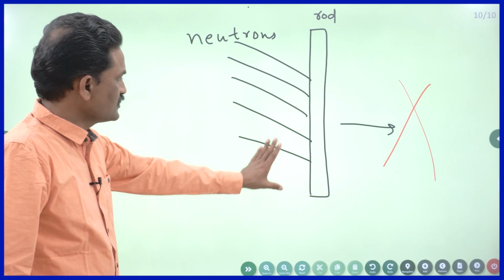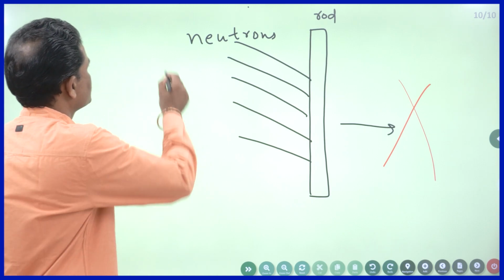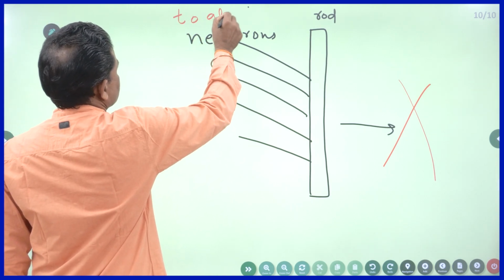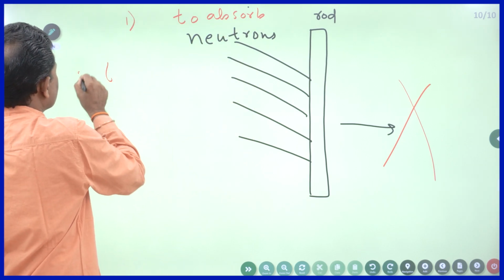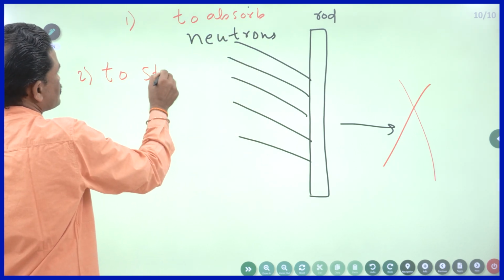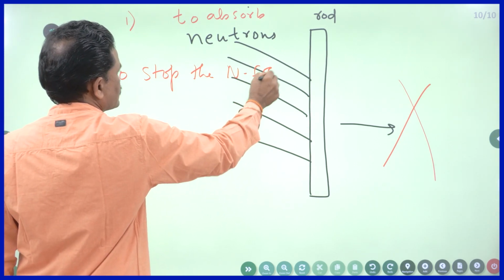The reaction will cease here only. The duty of the control rods is to absorb neutrons. This is one. To stop the neutrons. To stop the nuclear fission reaction.